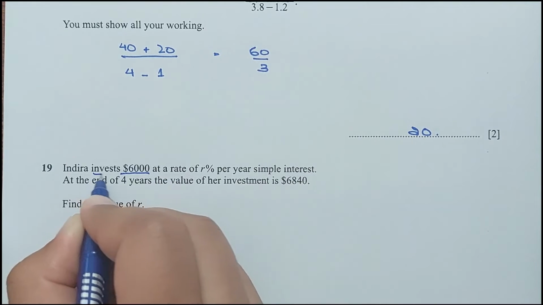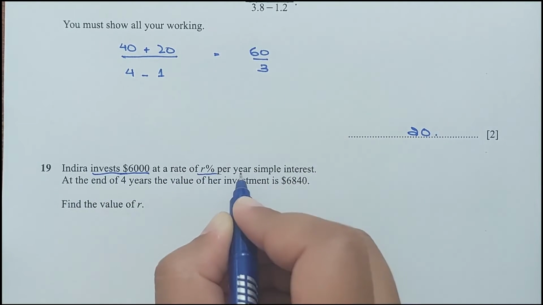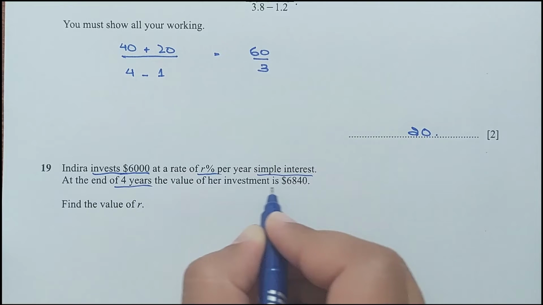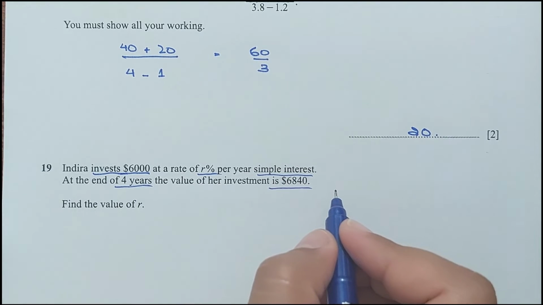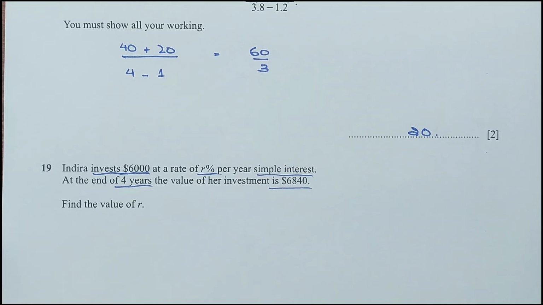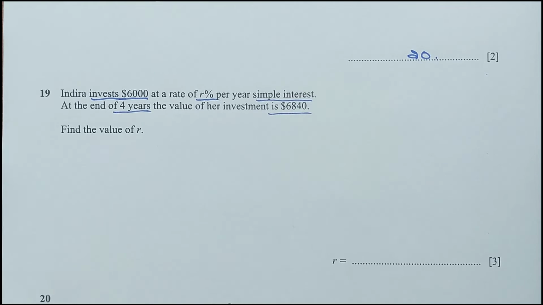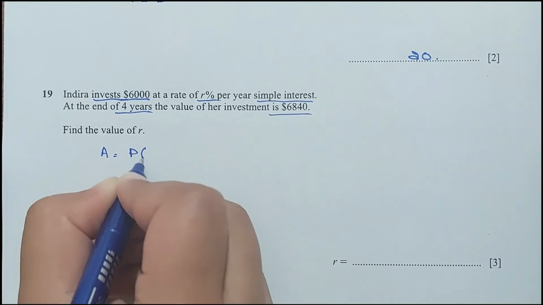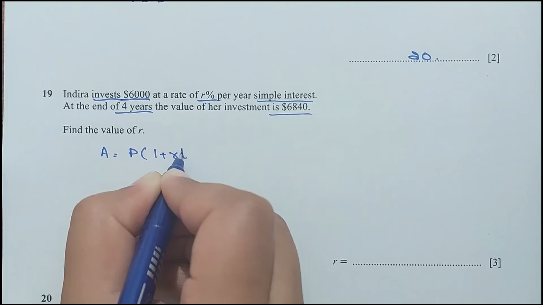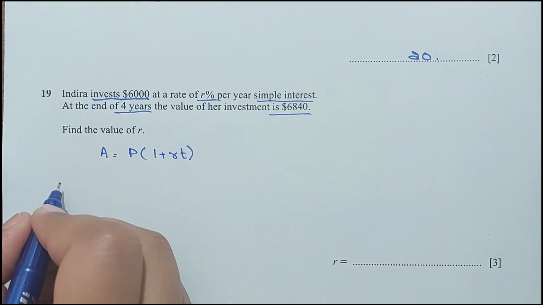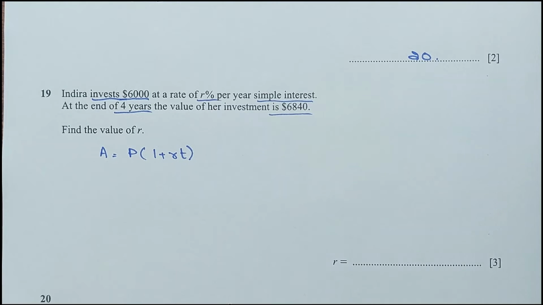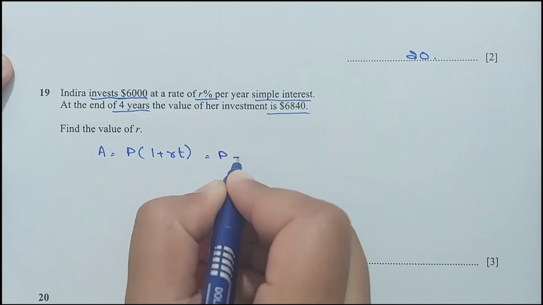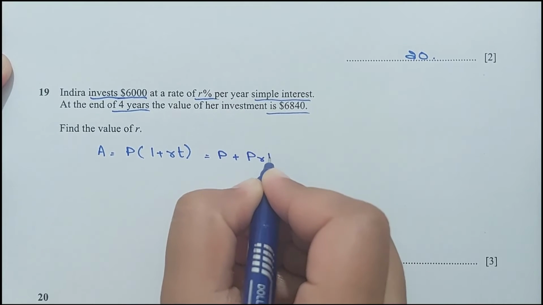Now question number 19, Indira invests $66,000, that is the investment, at a rate of 4% per year simple interest. At the end of 4 years, the value of her investment is $6,840. Calculate the value of R. So the simple interest amount equals P into 1 plus RT. Now to solve for R, we have P plus PRT.